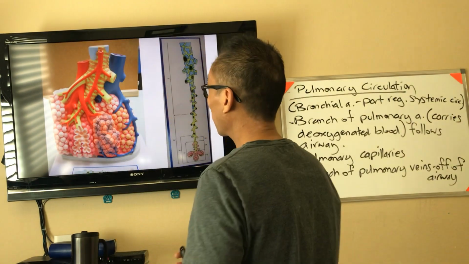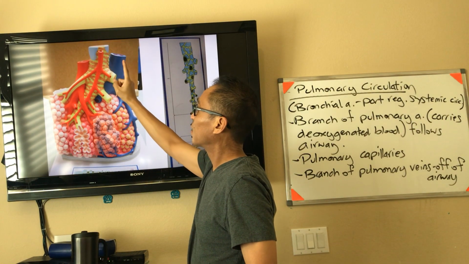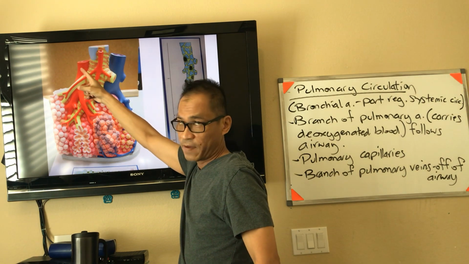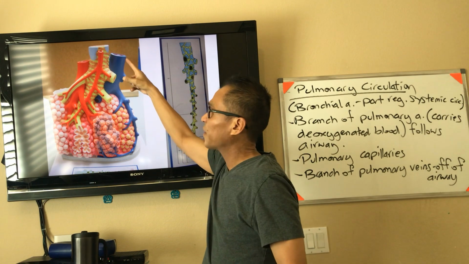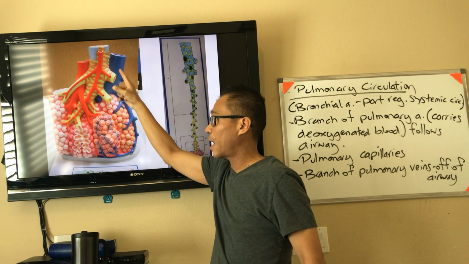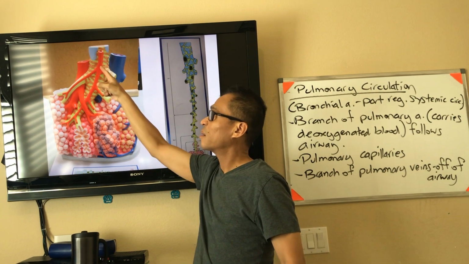From this model here, there's the bronchial artery, pulmonary artery, pulmonary vein. It's hard to see. The thickness of that wall is thicker. That's an artery. It's a vein. It's blue because it's deoxygenated. So blue pulmonary artery, red pulmonary vein, bronchial artery.